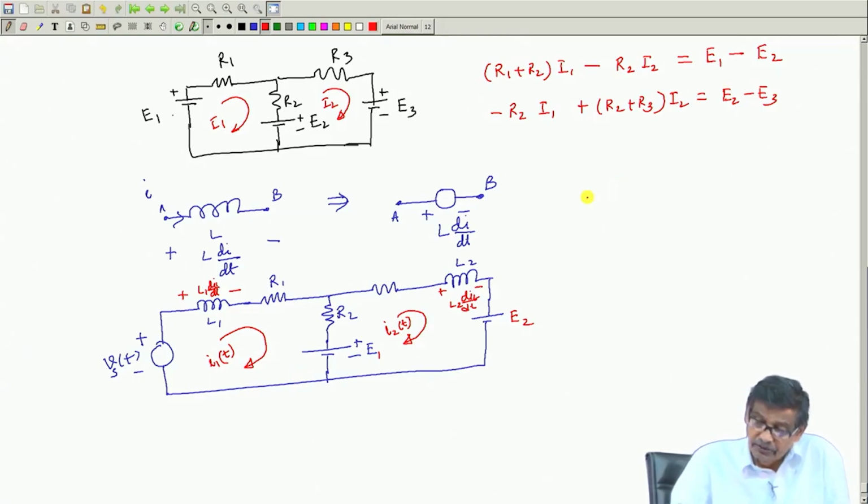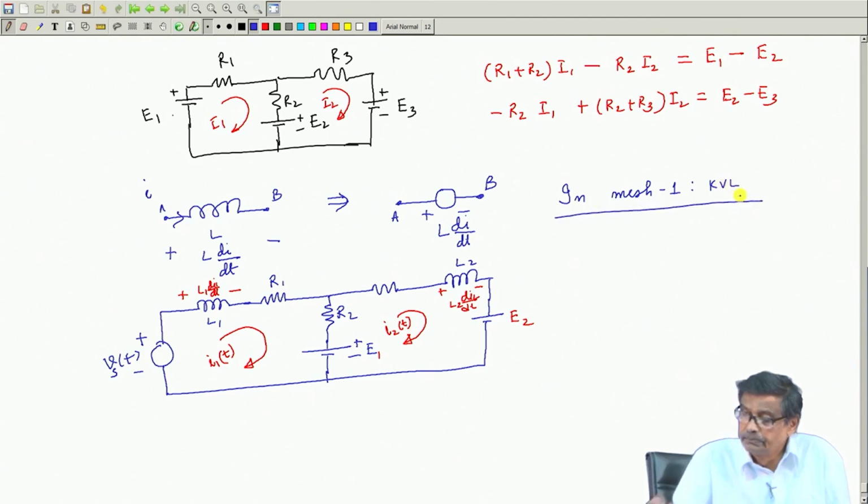So far as resistances are concerned, it is fine. I will write the KVL equation in mesh 1. It will be the sum of the resistances, R1 plus R2, into small i1.